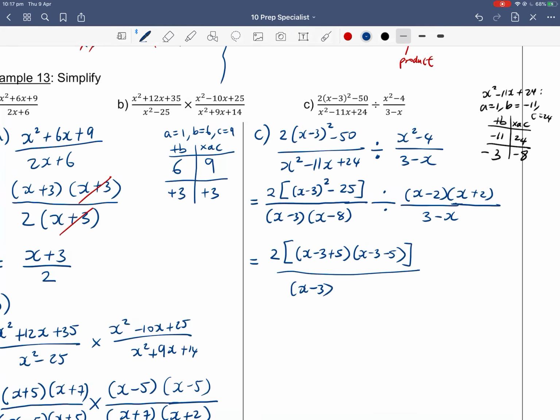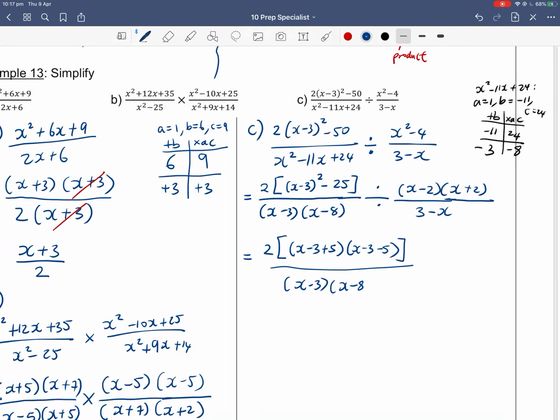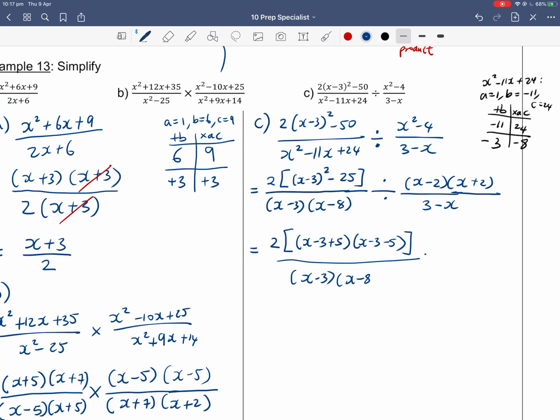So x minus 3 times x minus 8. If we're dividing fractions, we turn the divide into a multiply and flip the second fraction. So that's x minus 2, x plus 2.